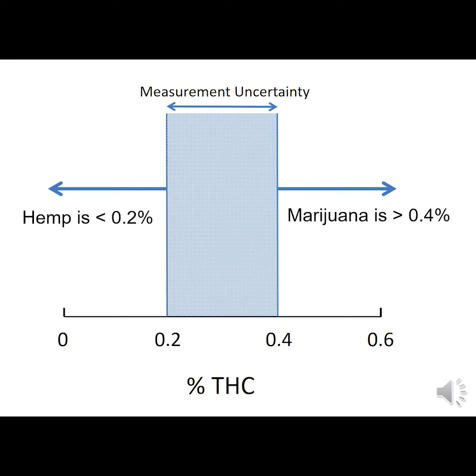And the same analysis result may result in a sample being a violation in one lab, and it may be a good result in another lab. So we think that the approach that should be taken by USDA is the consideration of global measurement uncertainty obtained from a proficiency testing program like we manage.